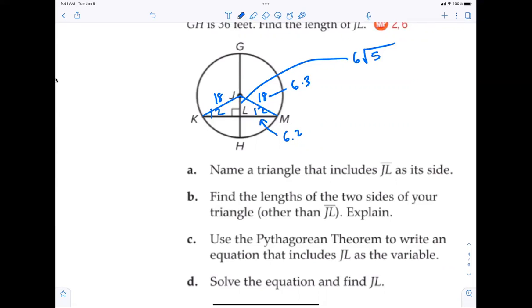Then they will ask, what is LH? And then you will reply that LH is simply what? 18 minus 6 radical 5. That is hard to see. All right, unless you just say, for example, if I said JL was 5, it's easier to see now that LH would be 13.